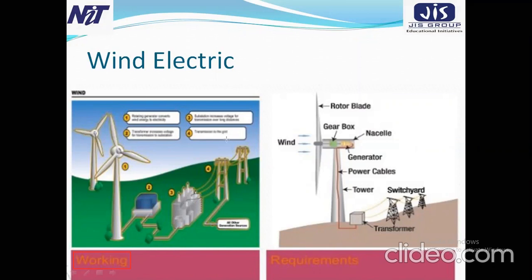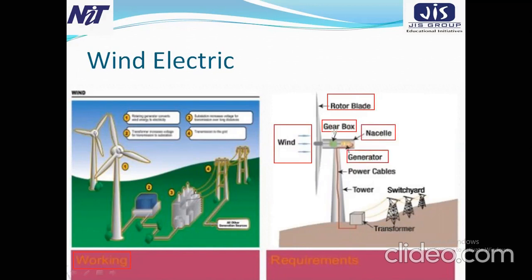Now, what are the requirements for wind energy? The wind gives pressure to the blade. There is a rotor blade. Behind the blade, there is a gearbox and a nacelle. Then the induction generator is there.